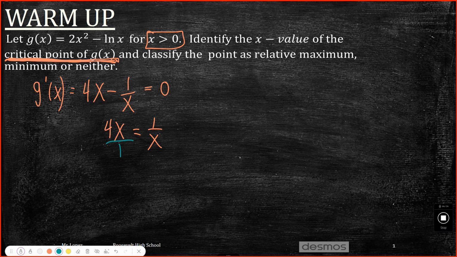So we'll get 4x squared equal to 1. Divide by 4, x squared equals 1/4. Square root it. x equals plus or minus 1/2.